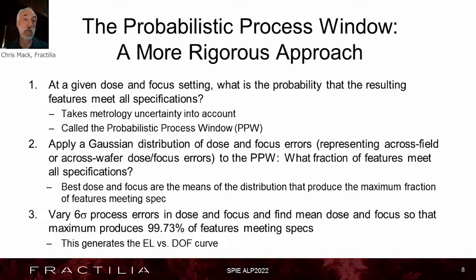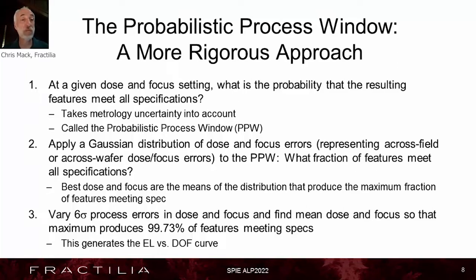Now, if you do not take uncertainty into account, then the probability is either 0 or 1, and we get the same result as the geometric process window. But when we do take metrology uncertainty into account, we may get something that's a probability between 0 and 1. That's what we call the probabilistic process window.